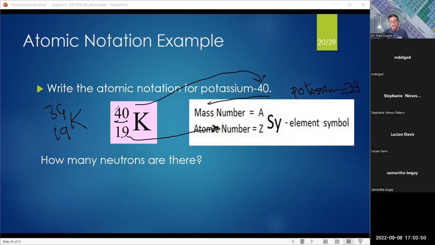Where they differ is the mass number. So obviously potassium 40 must have one more neutron than potassium 39. In fact, it has 21 neutrons. So how many neutrons would potassium 39 have?